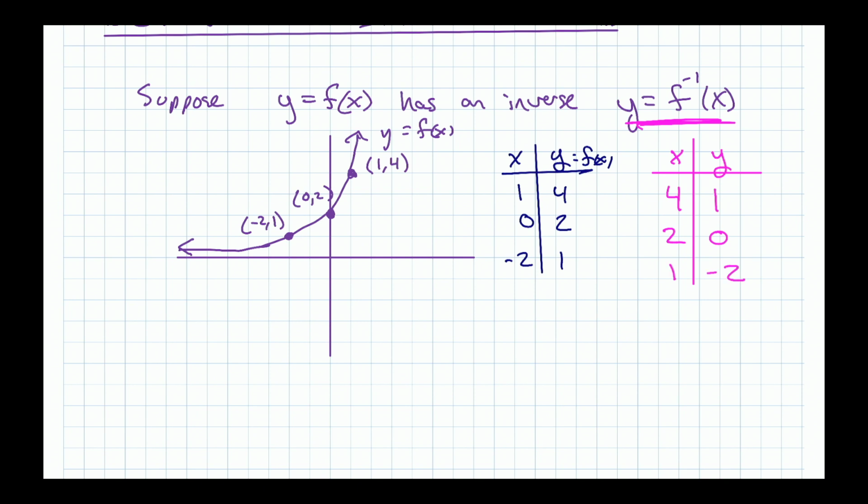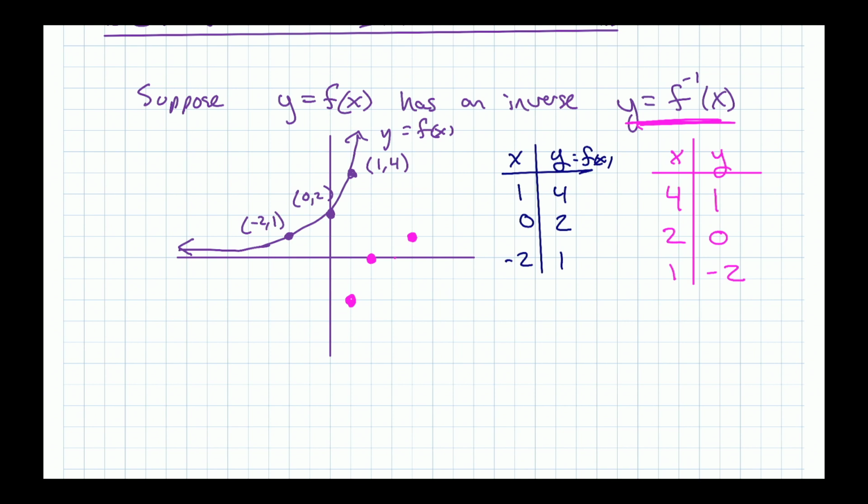If you plot those all on your graph, you're going to see something interesting. So let's plot them. 4 comma 1, where's that? 1, 2, 3, 4. 2 comma 0, that's there. 1 comma negative 2, that's there.